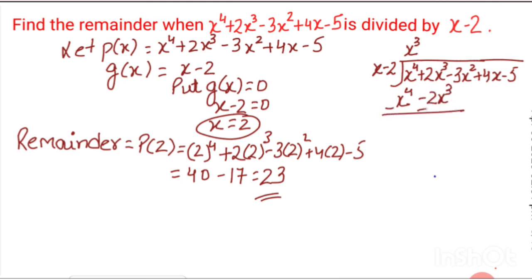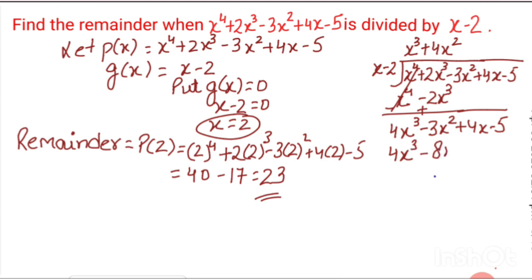Then subtracting this, the sign will change. So it will become 4x cube minus 3x square plus 4x minus 5. Now the second term of the quotient will be obtained by dividing 4x cube by x. So it will be 4x square. Okay, so multiply 4x square with x minus 2, 4x cube minus 8x square. Now on subtracting, the sign will change.